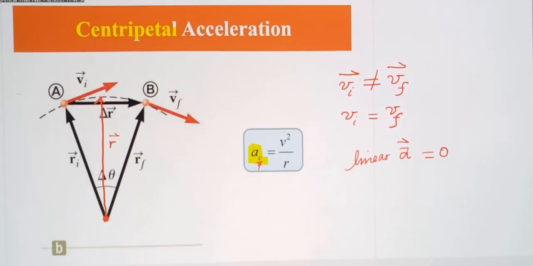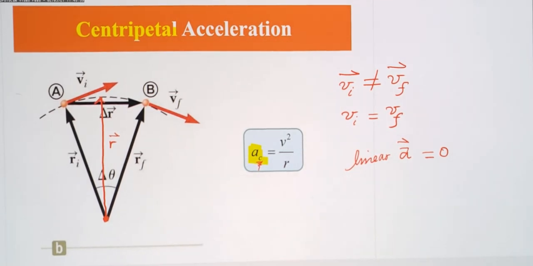There must be something holding that object, forcing that object to go into centripetal motion. Either friction, like a car on a road, or a string holding the object, or gravity holding the object. There must be some kind of force forcing the object into centripetal motion.